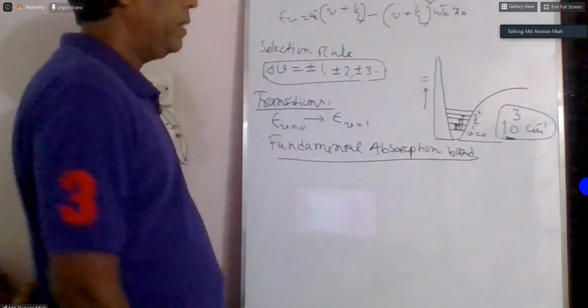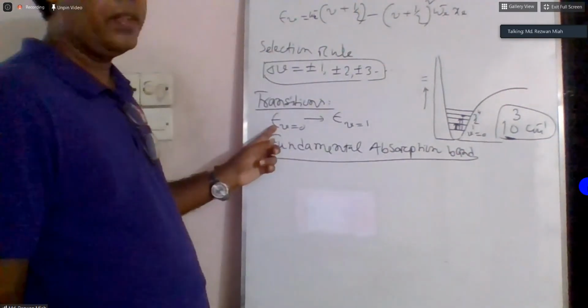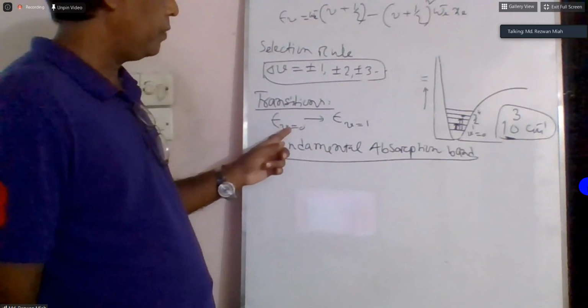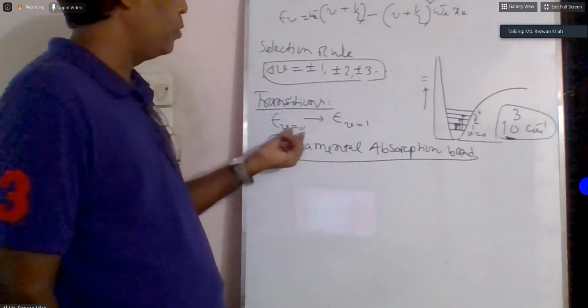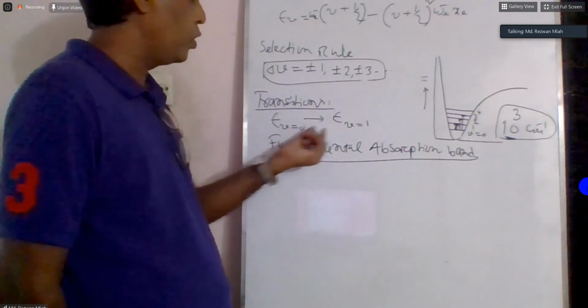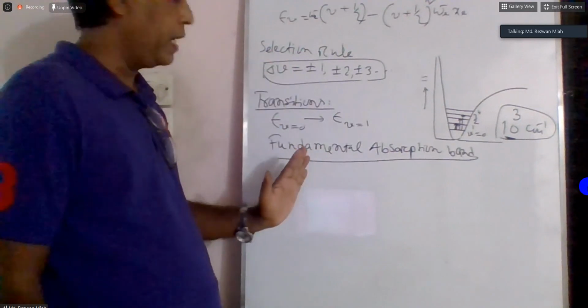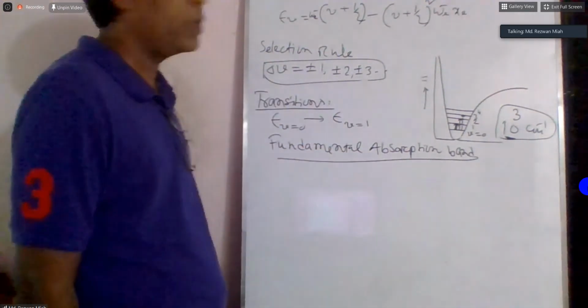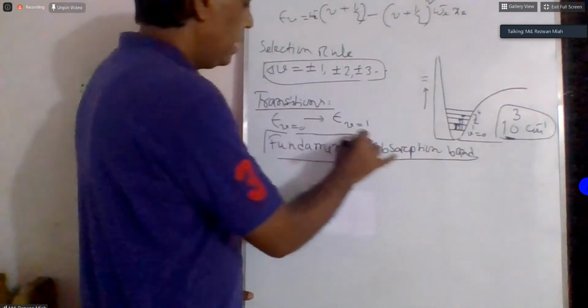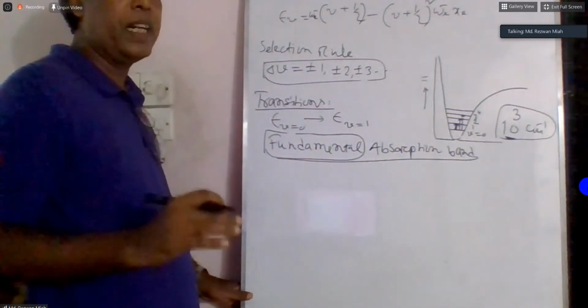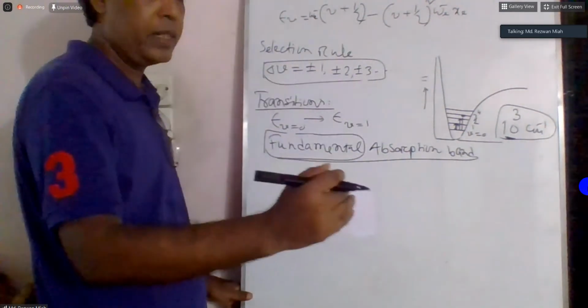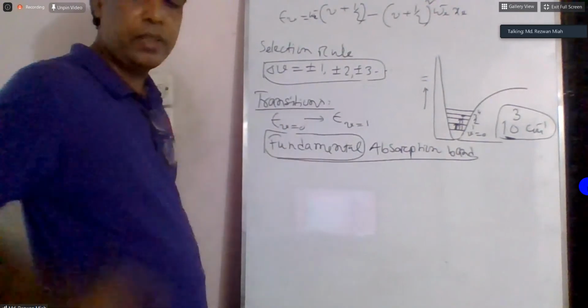So what is the fundamental absorption band? If the transition takes place from the 0 level to the 1 level, that is mu equal to 0 to mu equal to 1, then the absorption band we obtain is known as the fundamental absorption band. Fundamental means this absorption band appears most intense, and the other bands' intensity slowly decreases.